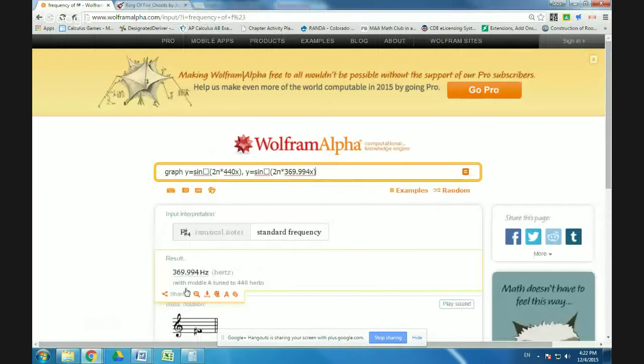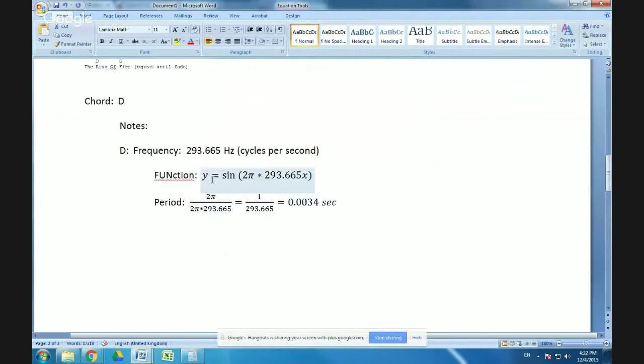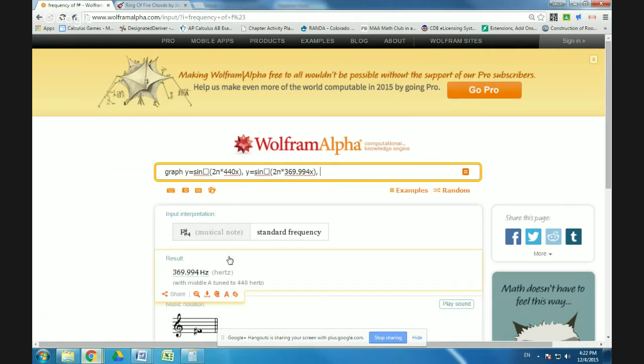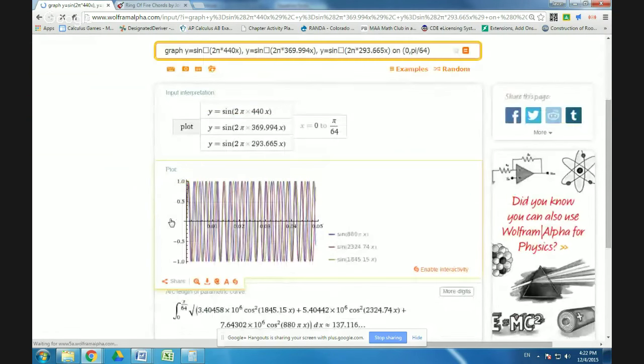Two. Three. And I'm going to put an interval on there. So let's see if this works. And hopefully it does. And bam, there they are.